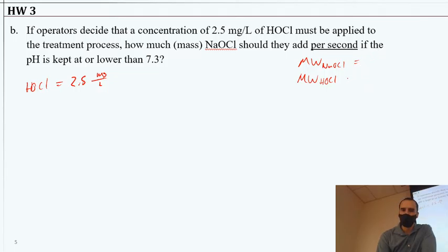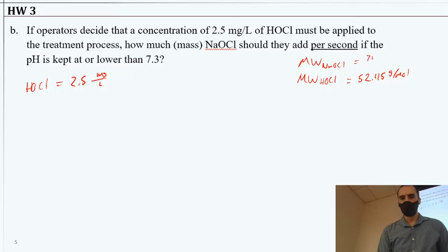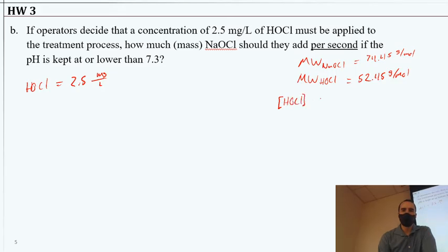So HOCl is 52.45 grams per mole. NaOCl is 74.45 grams per mole. Then we can solve for the molar concentration of HOCl that's required.